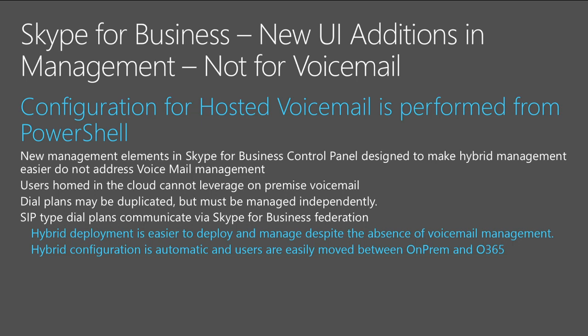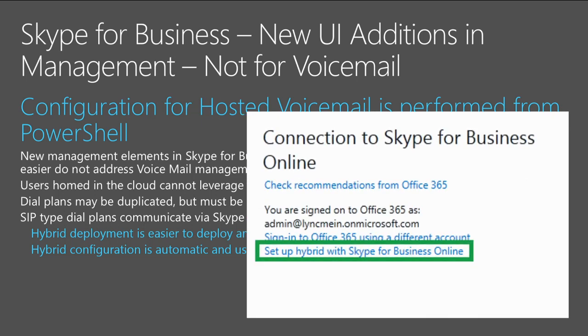Configuration is not automatic between on-prem and O365. So for connecting to the Skype for Business online system, we've given you these tools. This is a screenshot from the Lync or Skype for Business control panel.